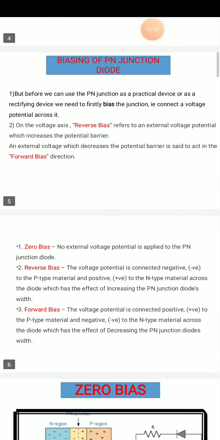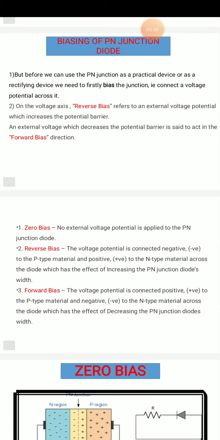Next is biasing of the PN junction diode. What is biasing? Applying an external voltage to the diode is known as biasing. Before we can use the PN junction as a practical or rectifying device, we need to first bias the junction.